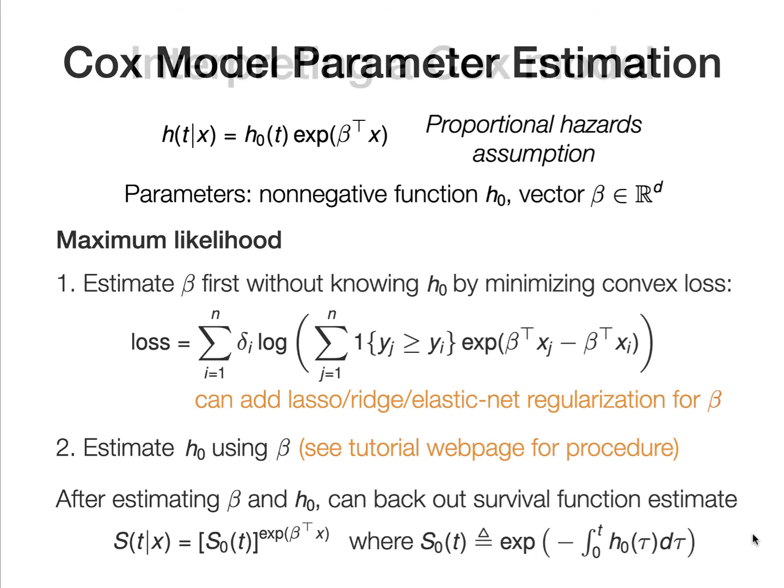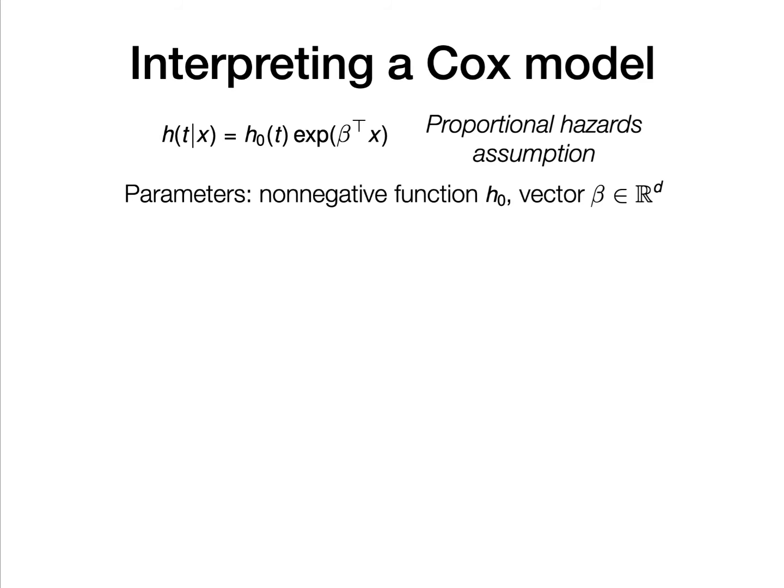So that's the high-level ideas for parameter estimation. The next thing I'll briefly talk about is how to interpret a Cox model after you learn the parameters. This is somewhat analogous to linear regression because, if you ignore h sub 0 and the exponential here, the beta transpose x part is linear.